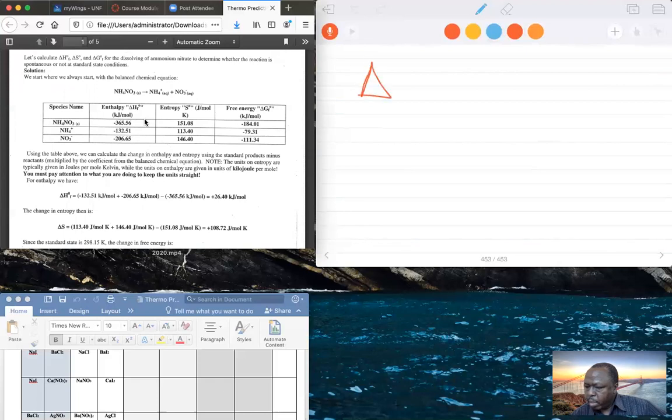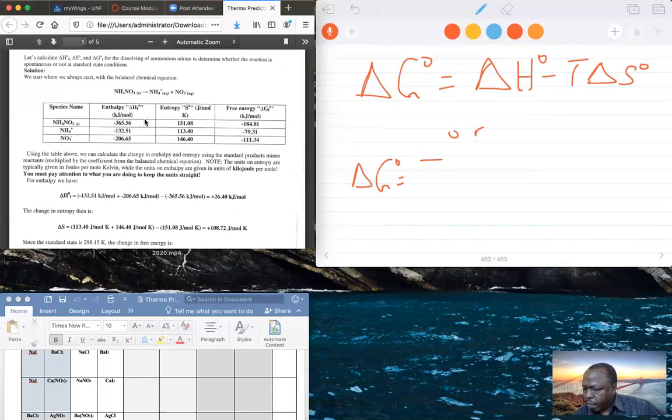You may be required to use this equation, delta G naught minus T delta S. Or we can also use the one for product, which I gave you earlier on: n delta G naught for products minus m delta G naught for reactants. This is the equation you will use.